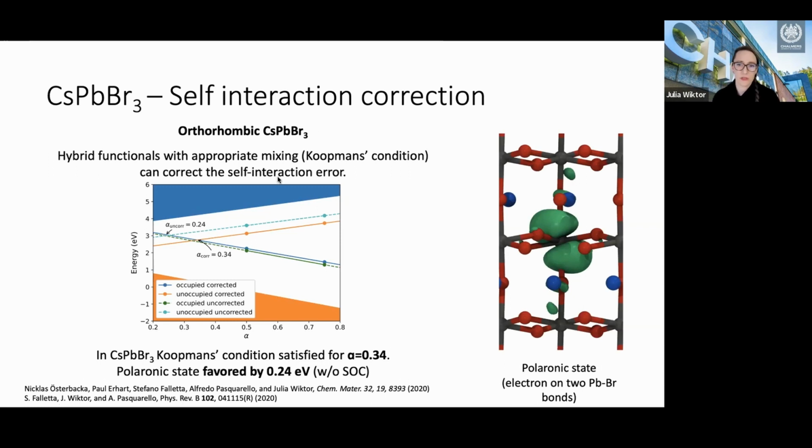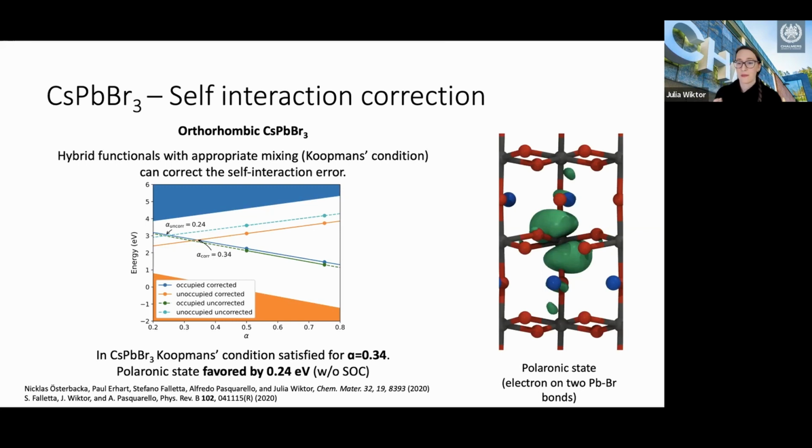So what we do is we find this polaron, and for different fractions of exact exchange in the hybrid functional, we look at the unoccupied and occupied state by changing the charge of the simulation cell. And we found here that for this cesium lead bromide, we need to use 0.34 for the fraction, for which we find that at 0 Kelvin, without spin-orbit coupling, the polaron is more stable by 0.24 eV than the conduction band electron, which suggests that this polaron should be stable.